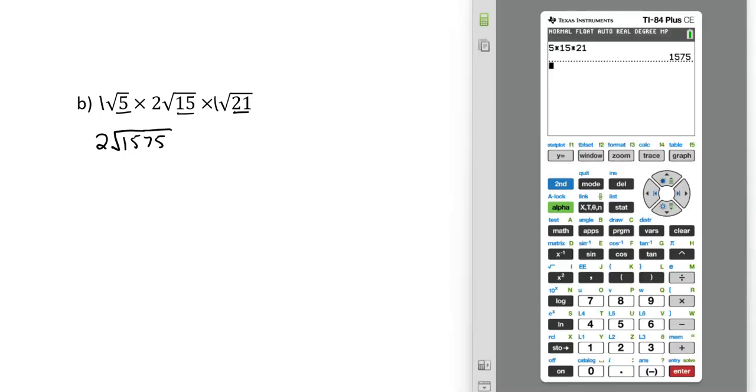The reason that we're dividing by 25 is because 25 is a perfect square. We're looking for those perfect squares that we know, like 36, 49. So I'm just going to push divide because the calculator stored the answer from above. Divide by 25, so 63.